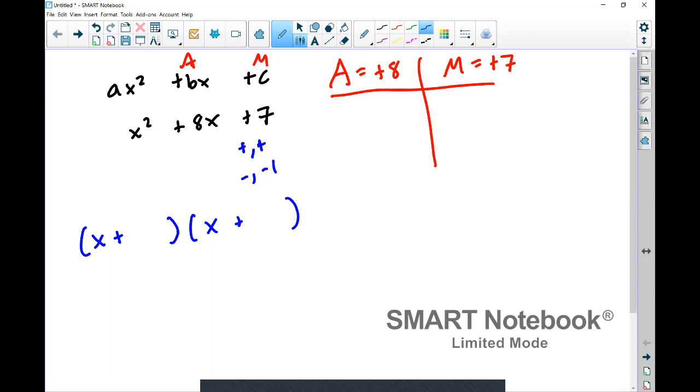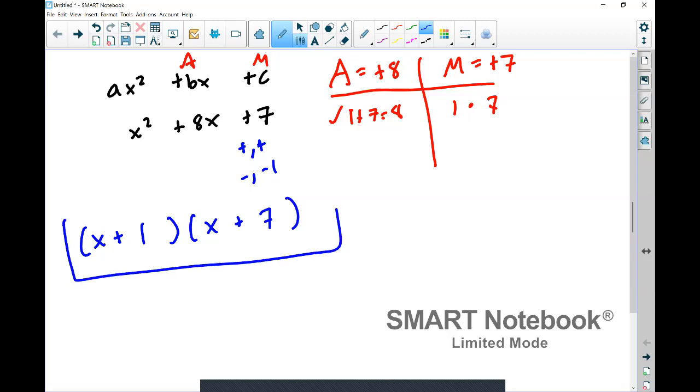So let's think of factors of 7. Well, 7 is prime, so only 1 times 7 will work. And we just said they both have to be positive, so 1 plus 7 equals 8, so that works. So our two factors are 1 and 7, and that's it. That's your answer. That's how you factor it.